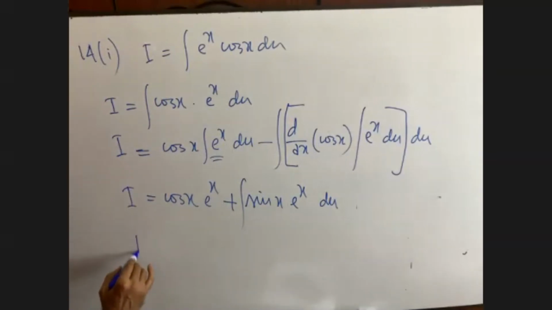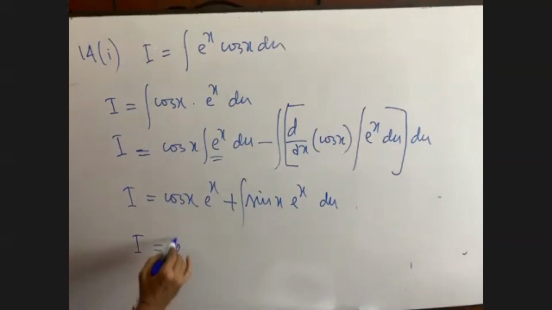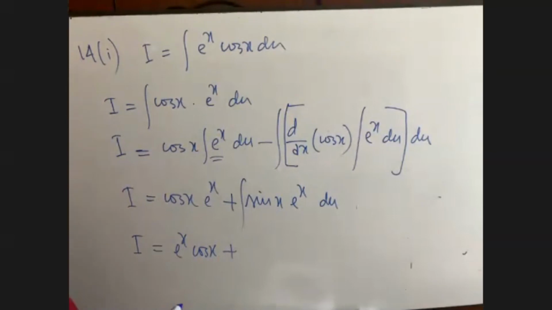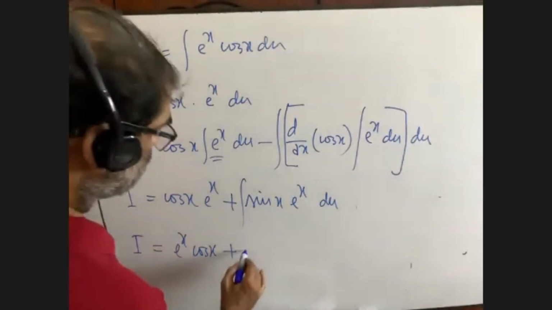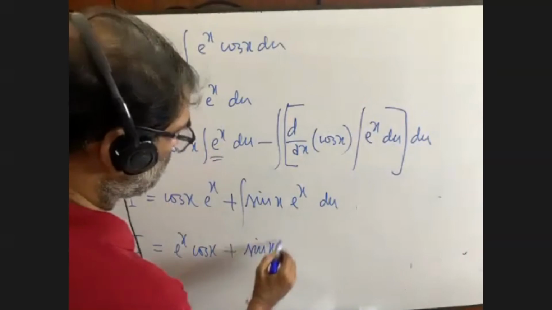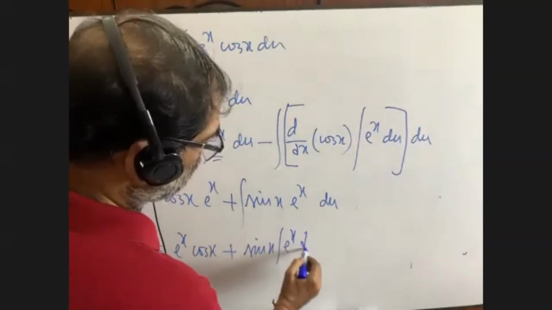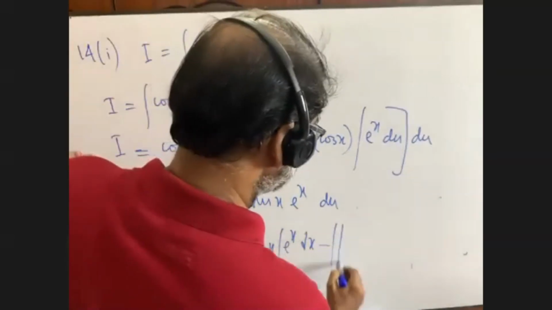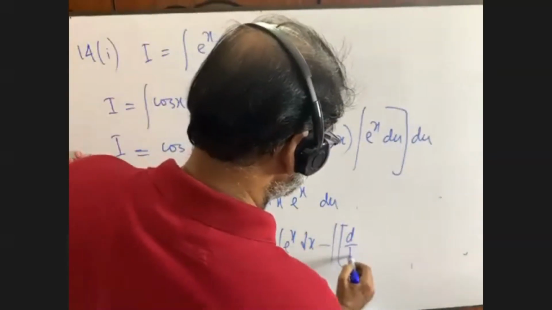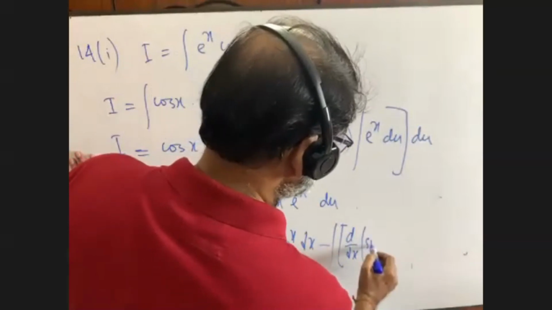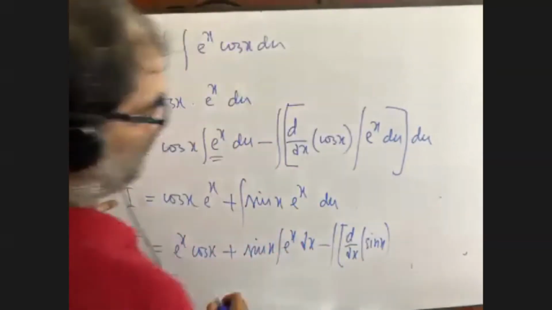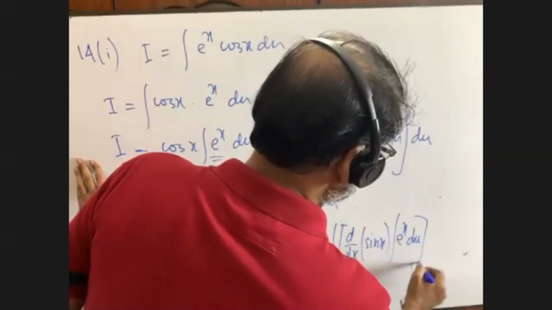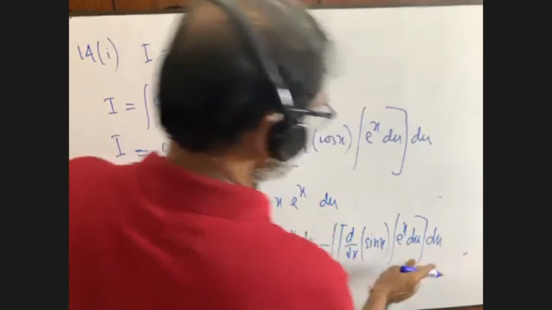Now you see, this is I again, e to the power x cosine x. Now it is another formula. You see, this is sine x integration e to the power x dx minus integration sign, third bracket, d by dx sine x, integration e to the power x dx, third bracket closed, dx.